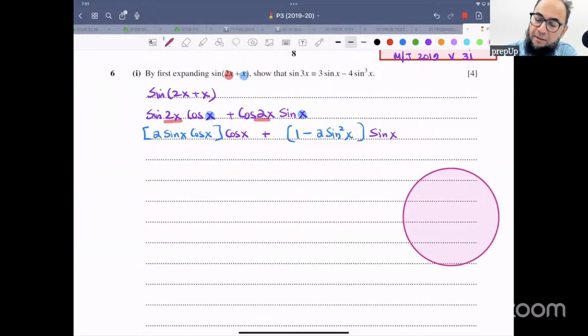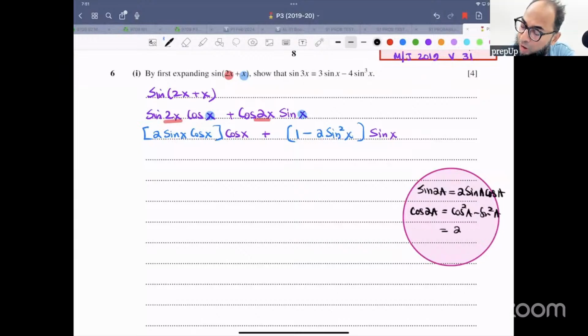The first thing is sine 2A. I'm deliberately writing in terms of A because x is already there. Sine 2A is 2 sine A cosine A. And for cosine 2A, we use one of the formulas: cosine squared A minus sine squared A, that is 2 cosine squared A minus 1, that is 1 minus 2 sine squared A. That is cosine 2A.